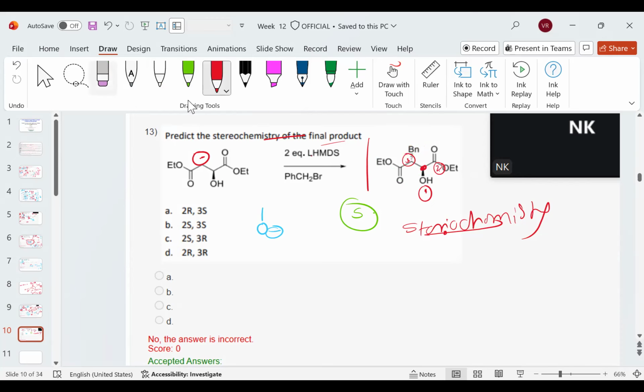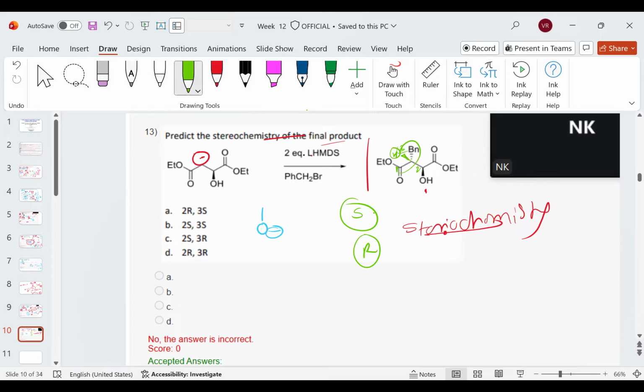Sorry, in the first one, did I make any mistake in giving the numbering? Yes, it should change to R, because the fourth priority group is on the top side, right?